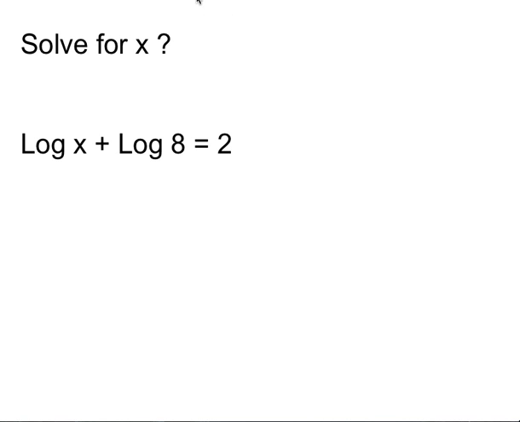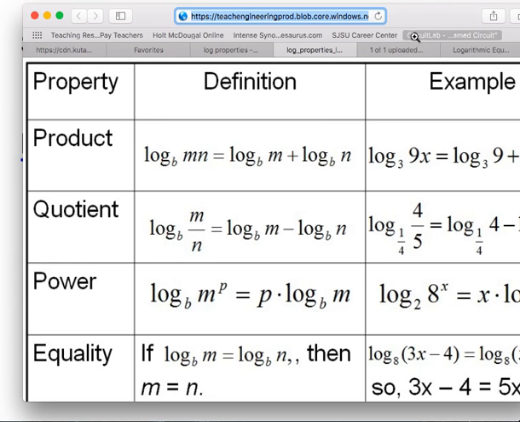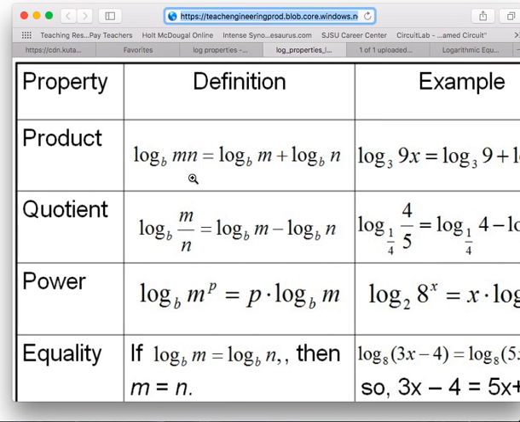We have this plus sign in the middle, and we have one log on the left side of the plus sign and another log on the right side. If you look at our cheat sheet, it reminds us of a log property, the product rule. Look at this, a product rule.